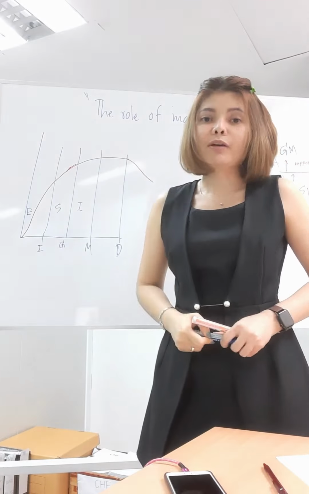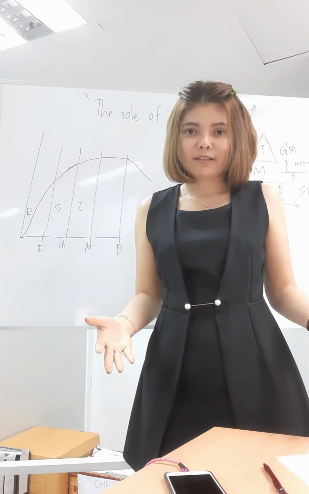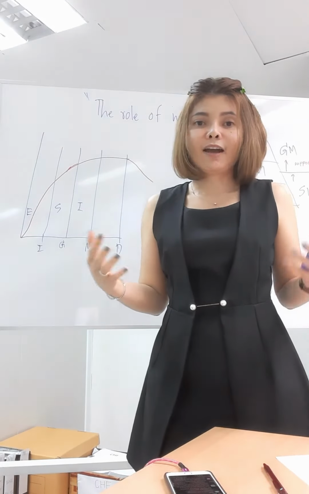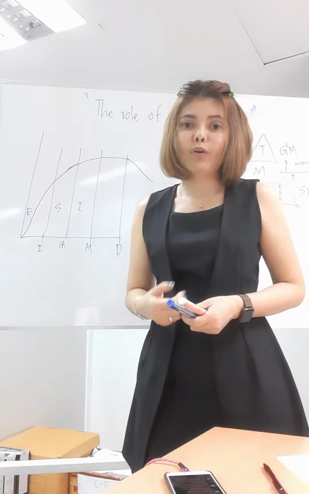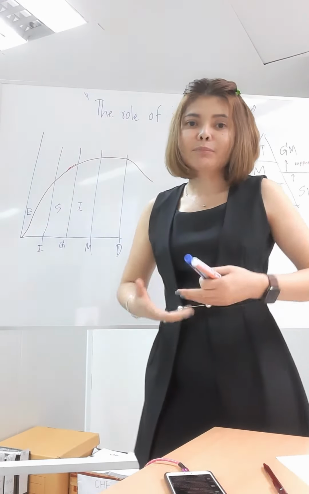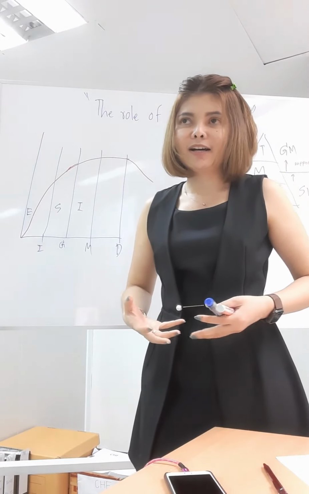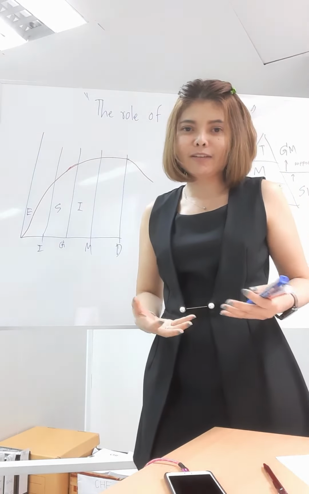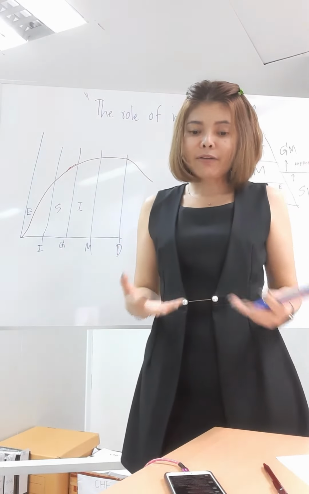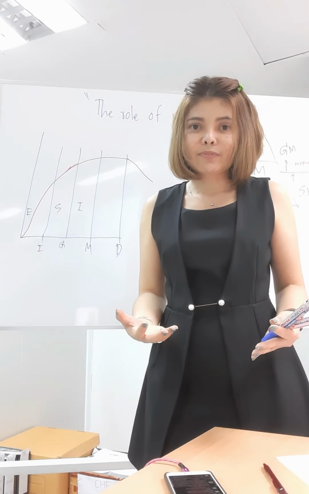Why do we have to innovate? Because the business environment is always changing, right? We have to change something. For example, we have to change our factory, we have to change our product. Why? Because the environment has changed.